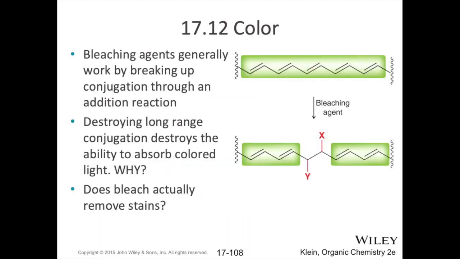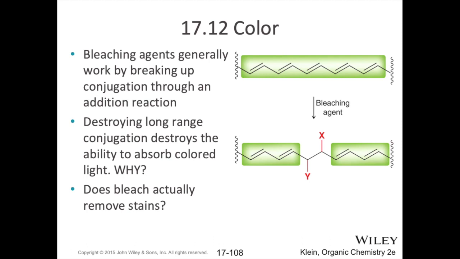Since colored compounds appear that way because of these conjugated pi systems, a quick way to interfere with this is to just break up that conjugated pi system. And this is basically how bleach works.